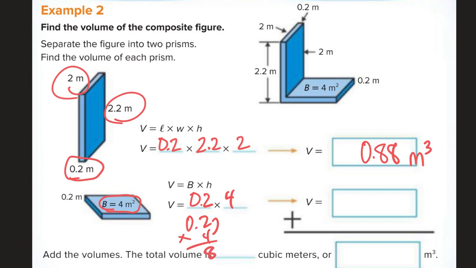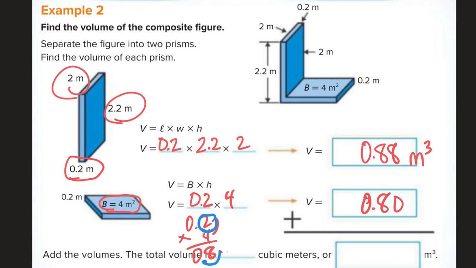4 times 2 is 8. 4 times 0 is 0. 1 digit to the right of the decimal, bring it back 1 spot. And so here we are going to be adding together 8/10. When we're adding decimals, I do need to line up the decimal point.